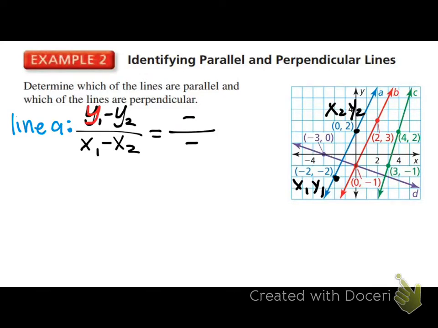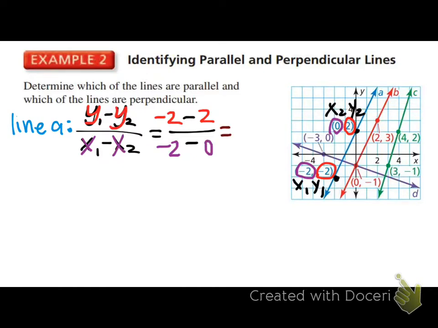All right, what's my first y? Negative 2. And my second y? Just 2. My first x? Negative 2. And my second x? 0.